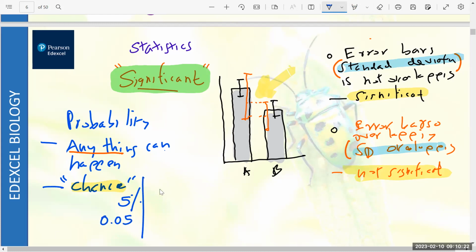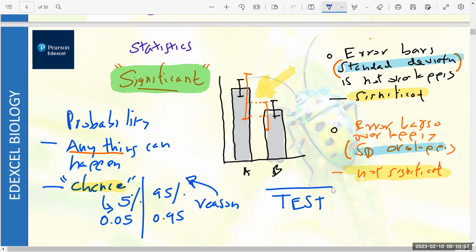That means we take 95% as due to a reason. So this is chance, this is a reason. This is something like a good indicator. So we have to make a method now to bring the probability to 5% and the others to 95%. So scientists developed a statistical test based on this concept.